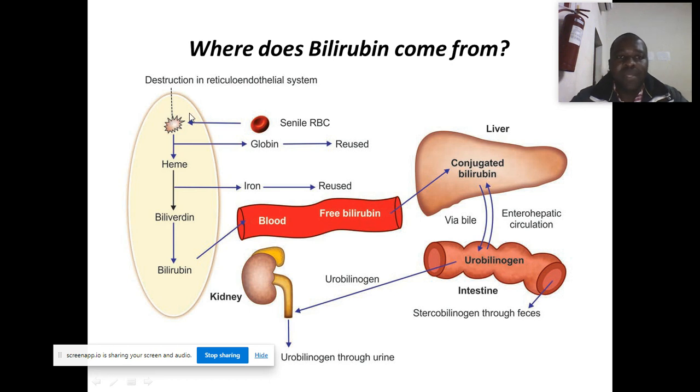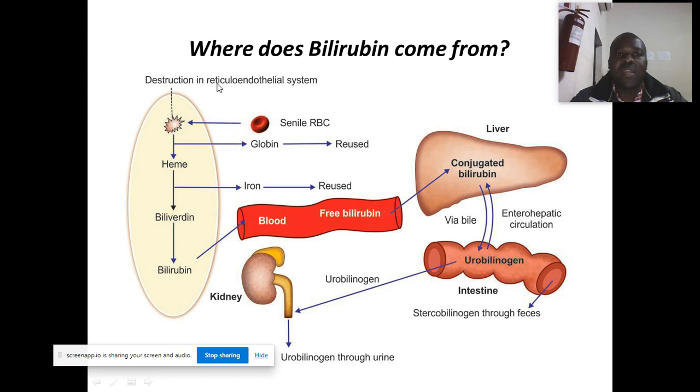So let me start by explaining where the bilirubin is coming from. We know the red blood cell has a lifespan of 120 days, isn't it? So when this red blood cell is about to die, there's a mechanism that signals that its time has come to die. It's in the spleen.